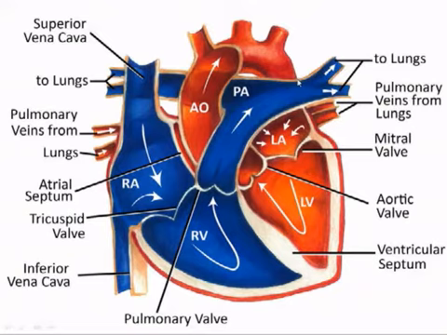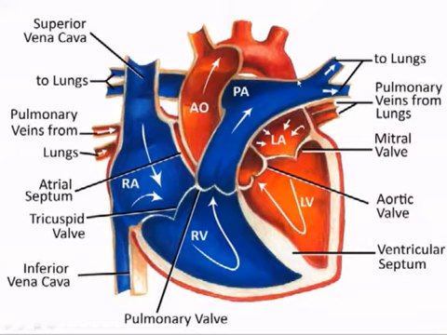So this is how the overall pathway of blood through your heart. So you have seen how the blood is moving: from the superior vena cava, inferior vena cava to the right atrium, from the right atrium to the right ventricle, from the right ventricle to the pulmonary artery to your lungs.